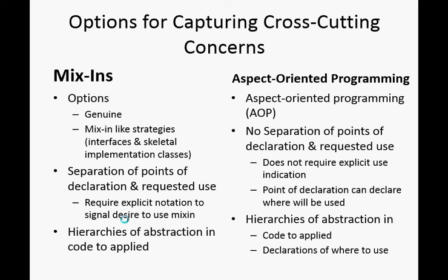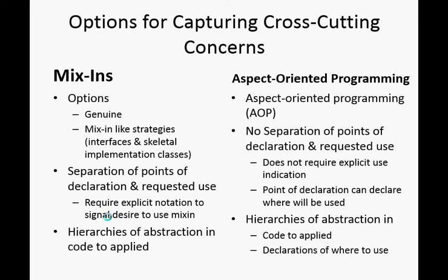Mixins allow us to mix in areas of implementation into our code base in a way that allows for reuse, but is not burdened by the need for the Liskov substitution principle to be observed. But another way that we're going to be exploring in this lecture is through aspect-oriented programming.